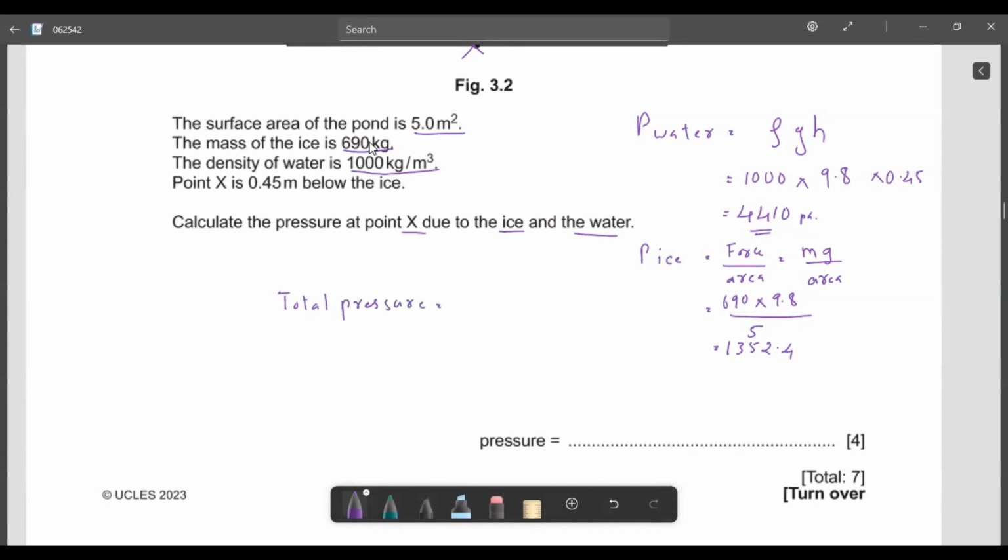Now we need to find the total pressure. So total pressure means it is pressure due to water plus pressure due to ice. 4410 plus 1352.4.